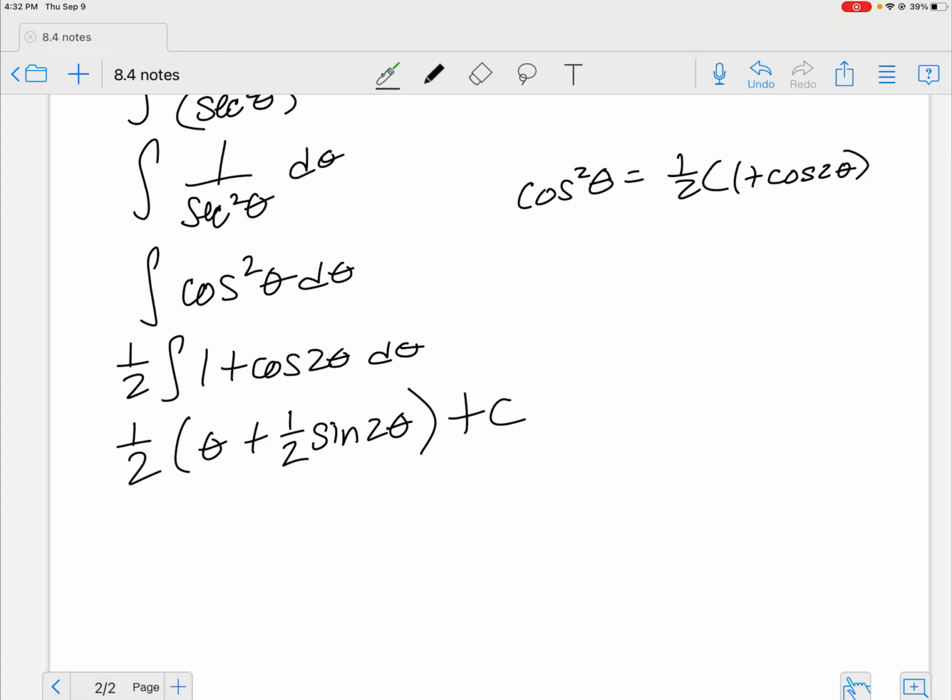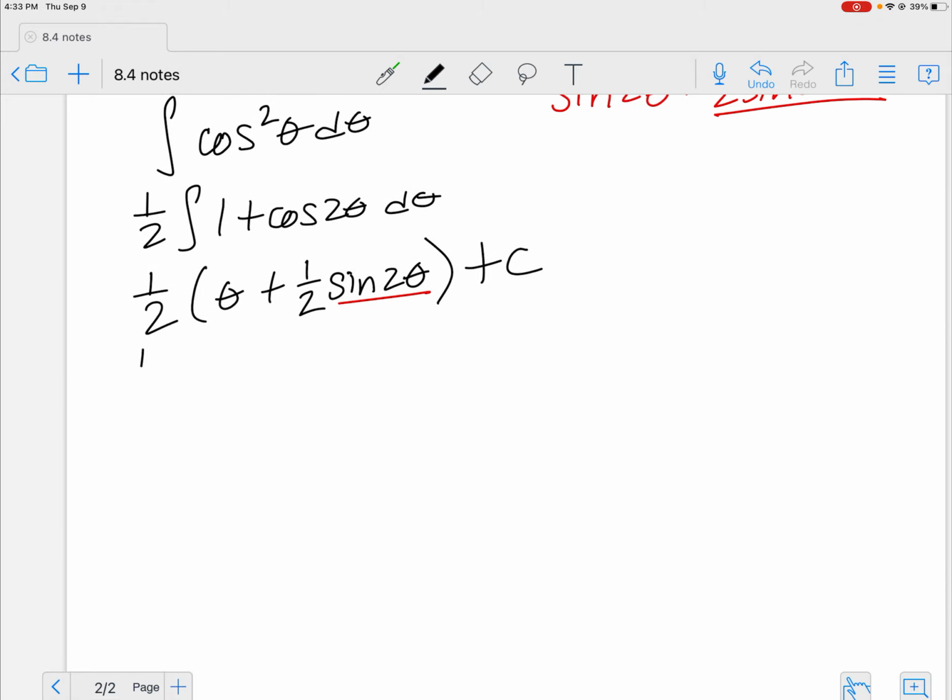So when I have this double angle, let's introduce another identity. Just keeps coming, right? Good thing you memorized them back in trig. Sine 2 theta is 2 sine theta cosine theta, because I have to have plain theta to do my SOHCAHTOA with my right triangle. So we're going to replace our sine 2 theta.